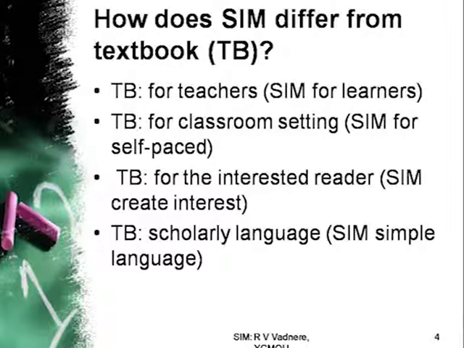The TB, the textbooks, are for the teachers. Basically, in the classroom teaching setting, a teacher is supposed to use a textbook which may be a reference book, which may be too difficult for a learner to understand, but may be good enough for the teacher. So, the teacher is supposed to refer to a textbook and mold it according to the need of the student in the classroom.